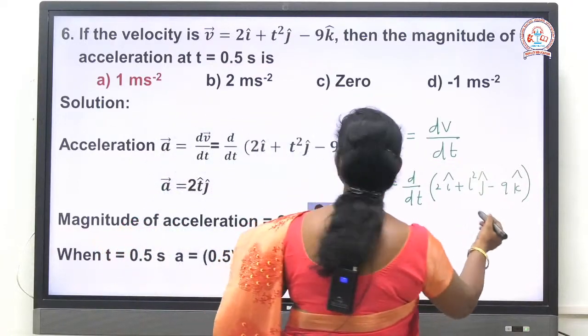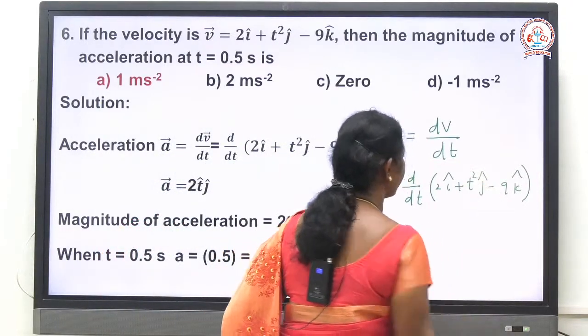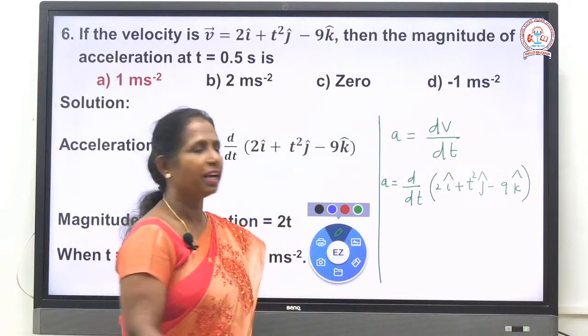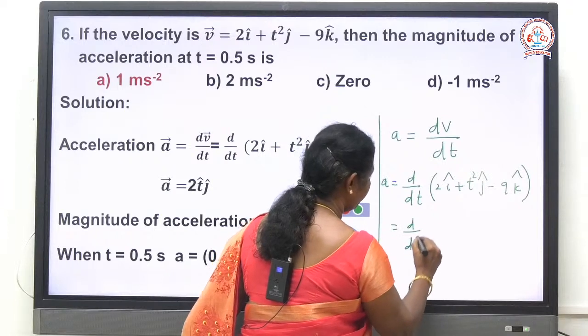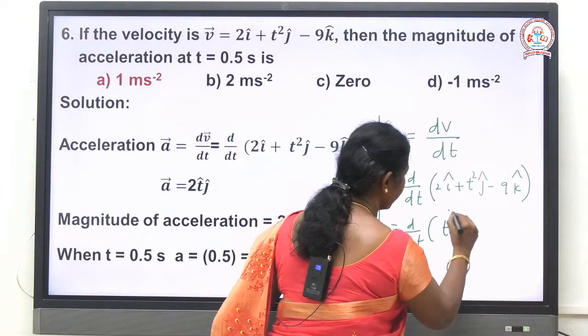So what is left now? Only one term is left, that is t square j cap. The remaining two terms are cancelled. Now differentiate this: d by dt of t square j cap.